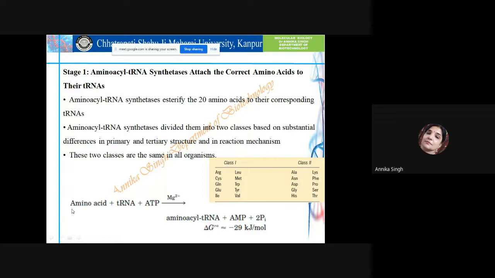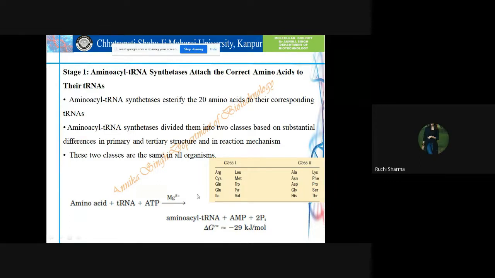The overall reaction is depicted as a particular type of amino acid plus transfer RNA plus ATP, and in the presence of the enzyme amino acyl transfer RNA synthetase, the formation of amino acyl transfer RNA takes place with the release of AMP and pyrophosphate. Is it clear to all of you? Kindly answer.